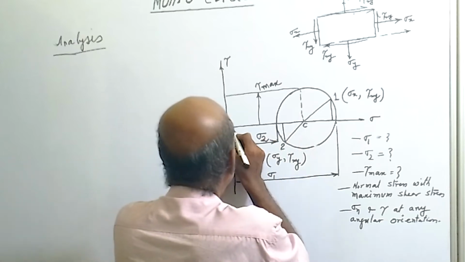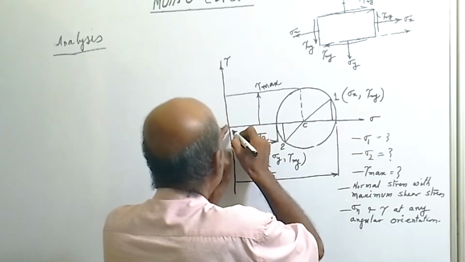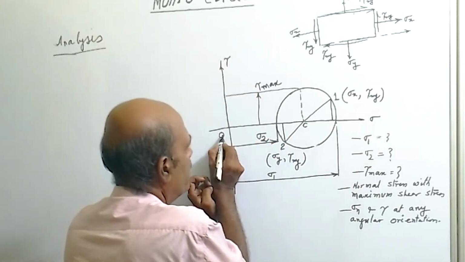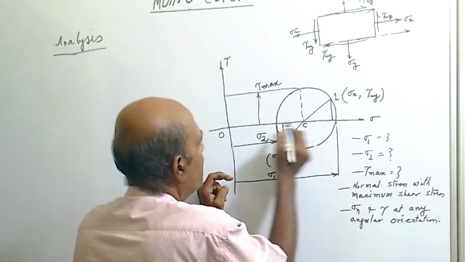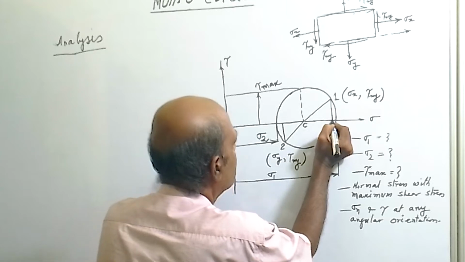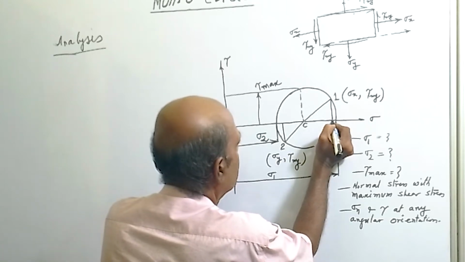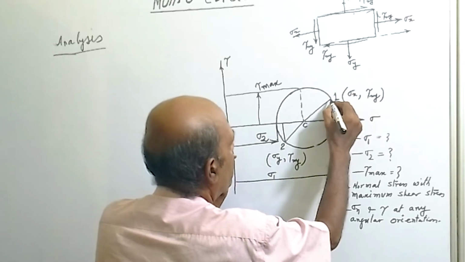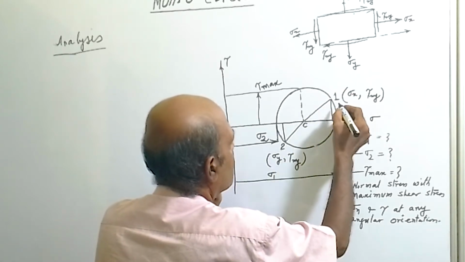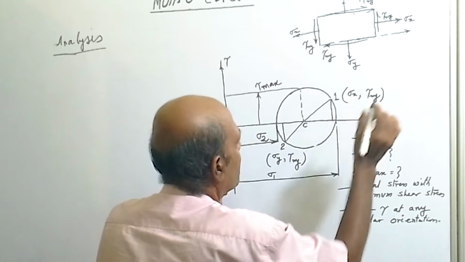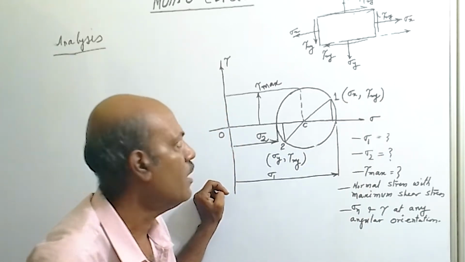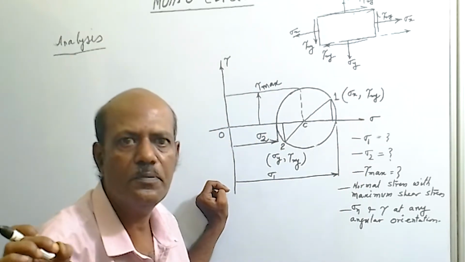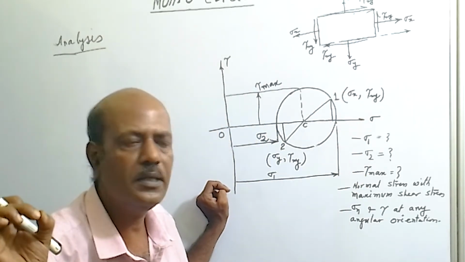So this is the axis we have drawn, that is sigma axis, tau axis, and this is the origin, and from origin measure the distance, that is sigma x, from here to here it is sigma x, and this is tau xy. So this first point is marked, so we have seen in construction part, that is sigma x, tau xy. Now go to y face, so sigma y is positive and tau xy is negative.